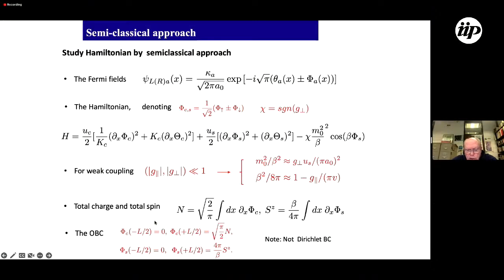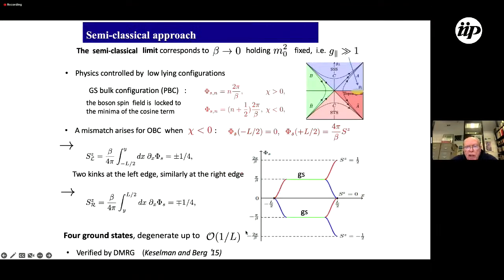And now notice, if I have open boundary condition, then the phi charge on the left is going to be 0, but on the right, it will be square root of pi over 2, while the spin field on the left is locked to 0, while on the right, it will be determined by the total spin of the system. This is not Dirichlet.